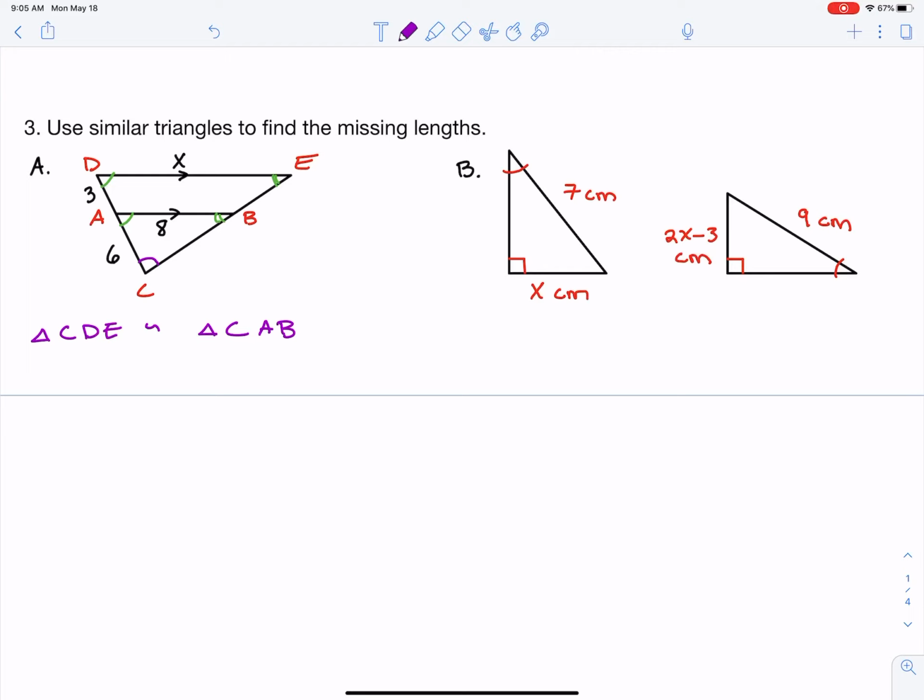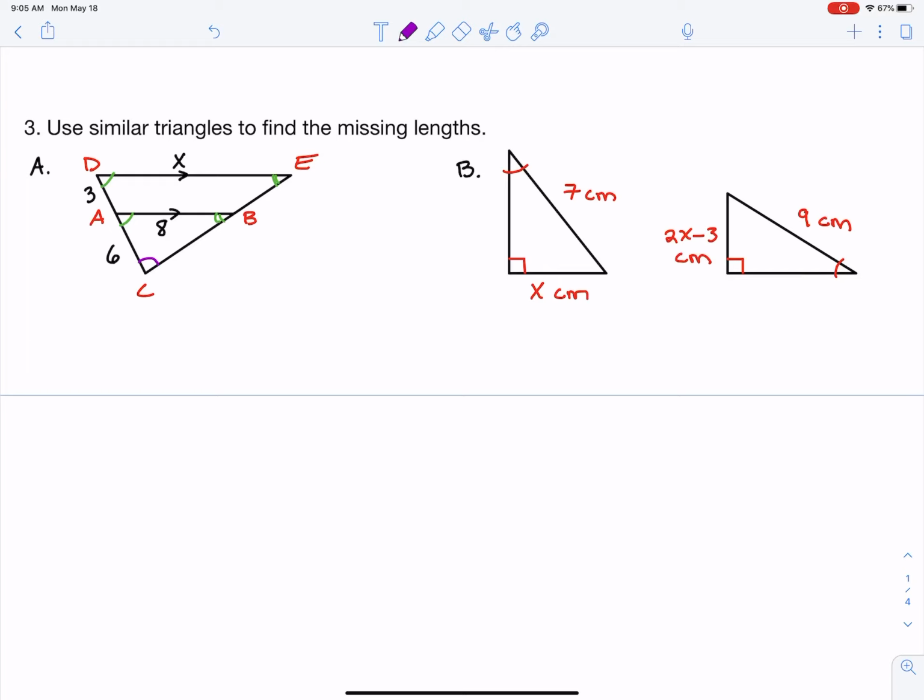So let's go through and use our triangle similarity. Since we're using similar triangles, I'm going to erase this, by the way, just to get it out of the way. So since we know the triangles are similar, let's go find our lengths. So what do we know? Well, since the triangles are similar, their sides must be proportional.